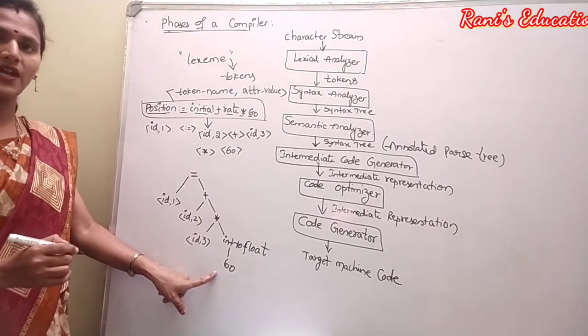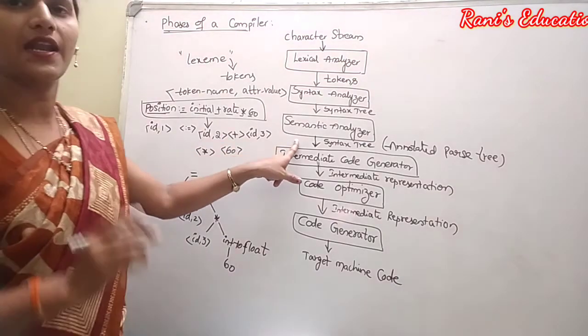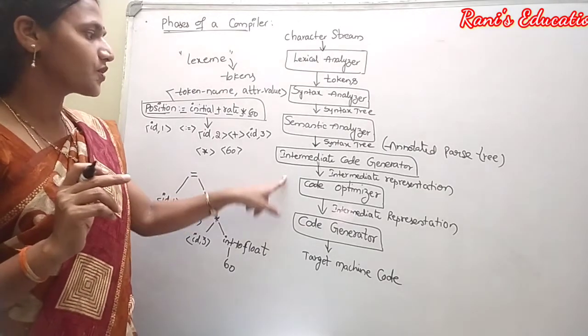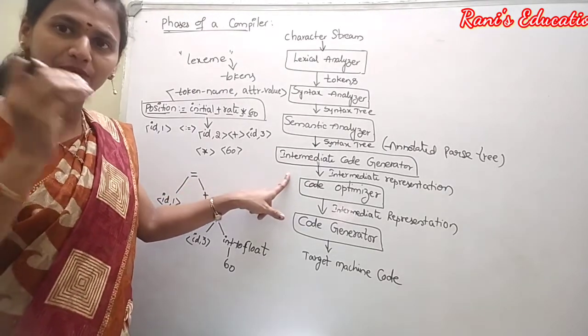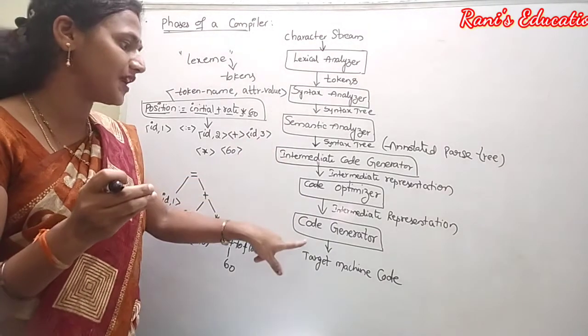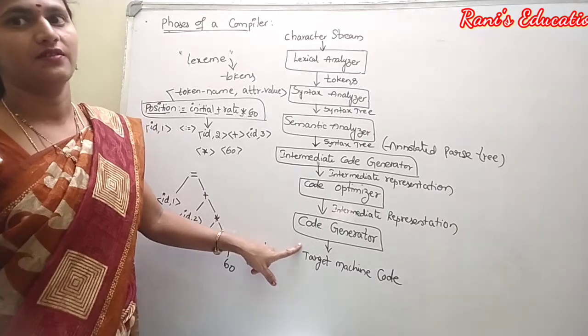That is what we get in the semantic analyzer. Now what about the intermediate code generator? Here we generate the intermediate representation, and that code is considered as input for the code generator.